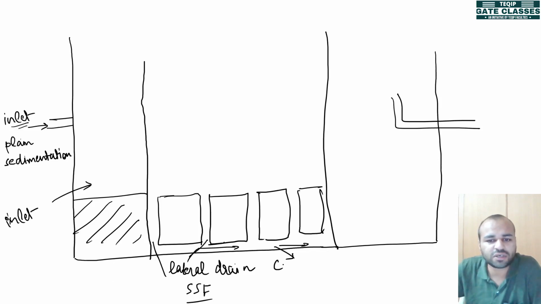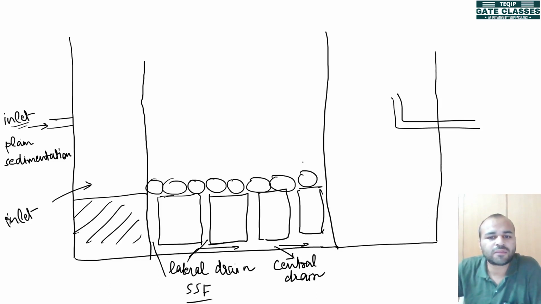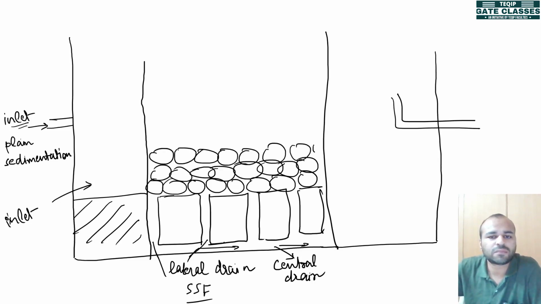So this is your central drain. Okay, and above this lateral drain exists the layer of gravel. And above this gravel layer is the filter medium consisting of finer materials.